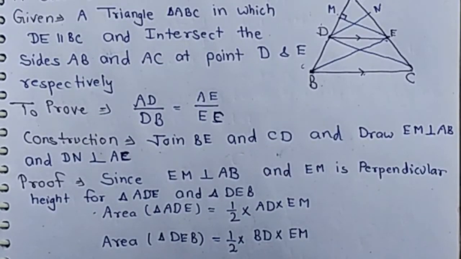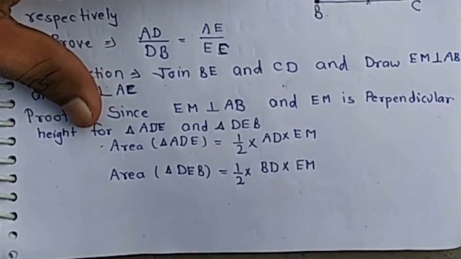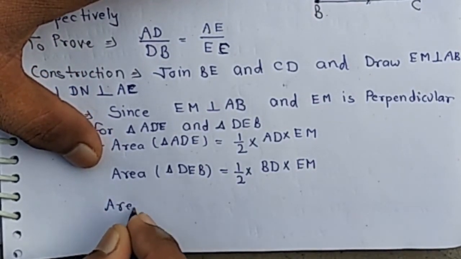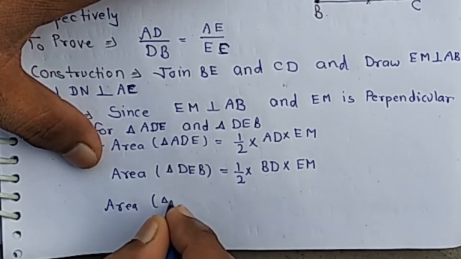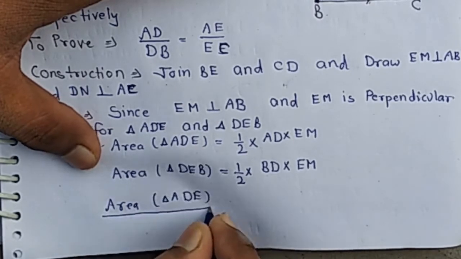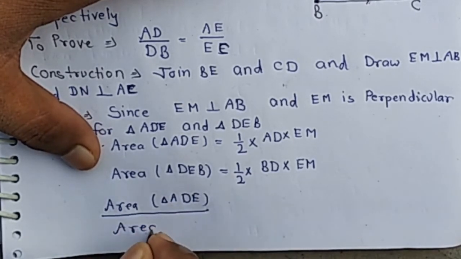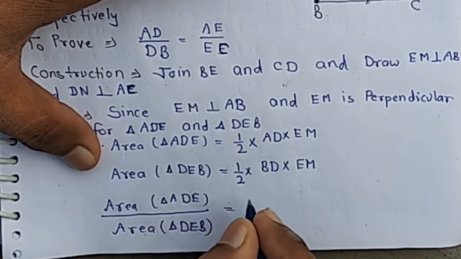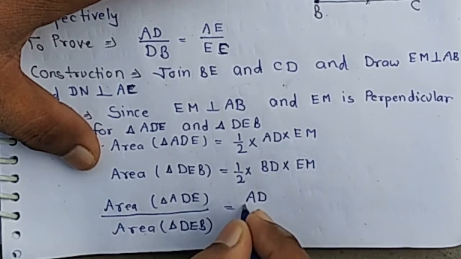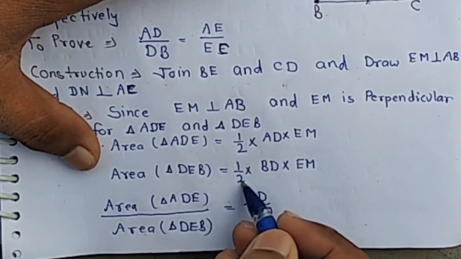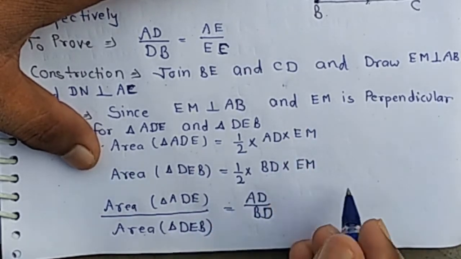And if we divide both these terms, 1/2 cancels out, EM also cancels out, then we have AD by BD.